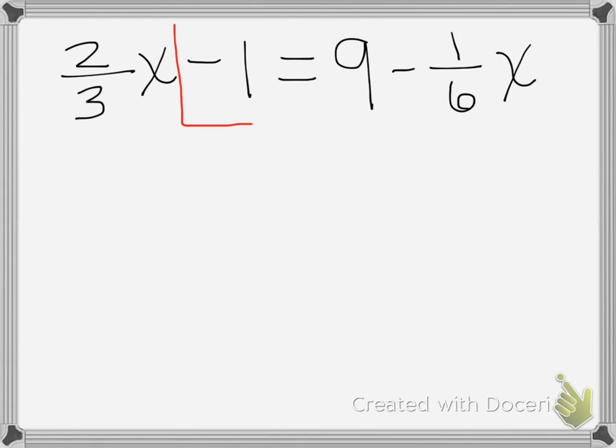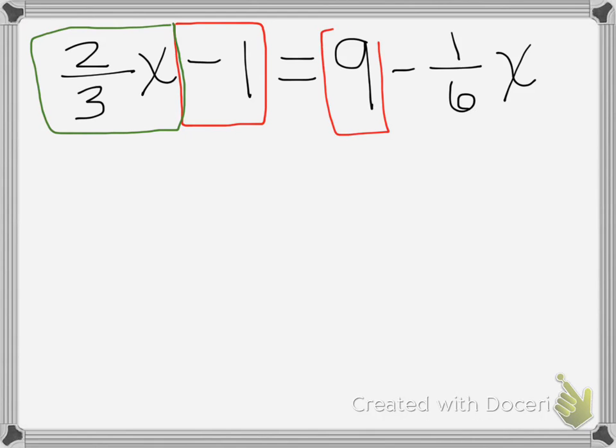So here I have a plus 1, and I have a positive 2/3 of an x, and on the right side I have a plus 9 and a negative 1/6 of an x.